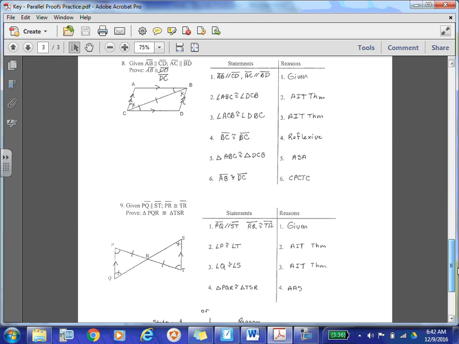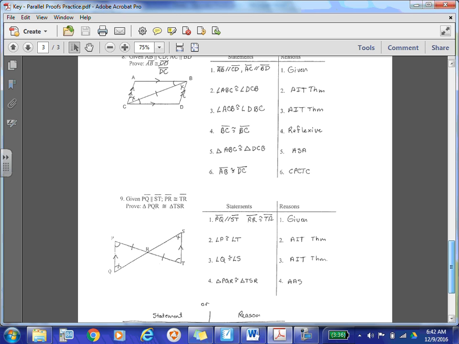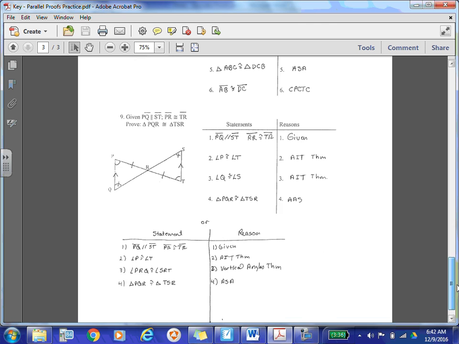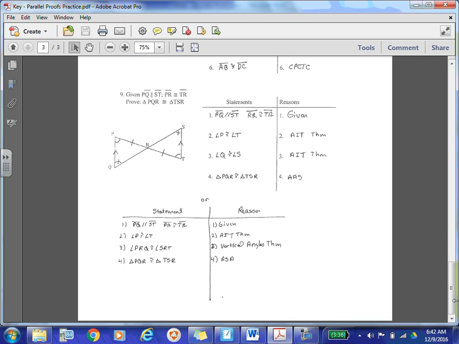Last but not least, your final page. Number 8 is one of the longer proofs that you will have, and notice that it is CPCTC that you are trying to prove for your very last reason. And number 9, there are both ways that you could see number 9. Feel free to stop this at any point.